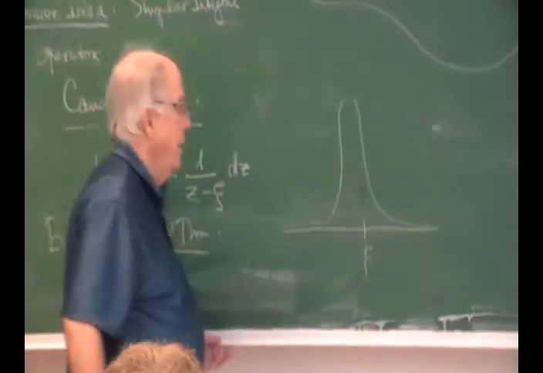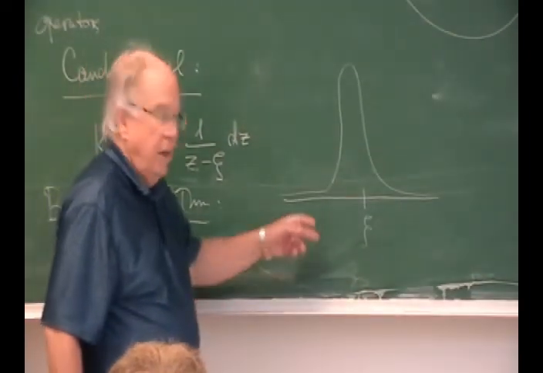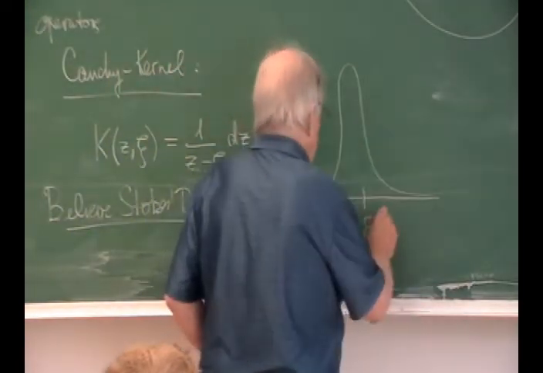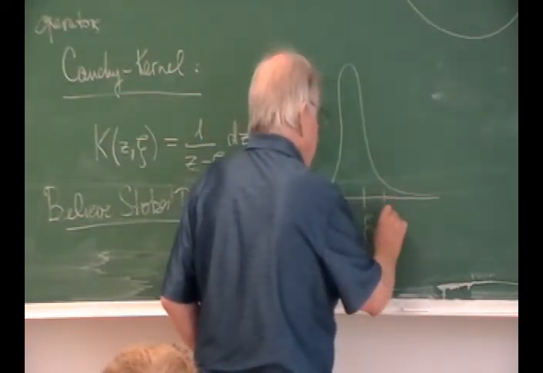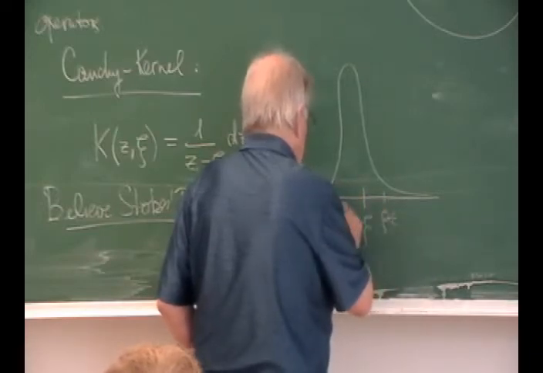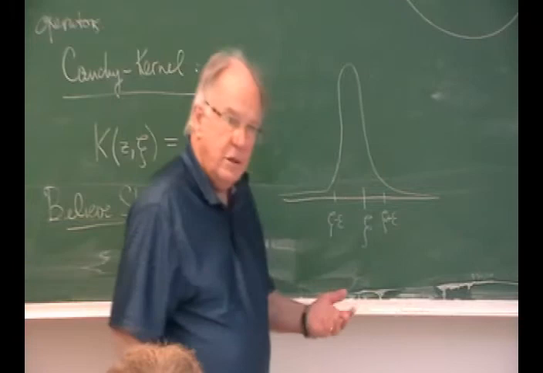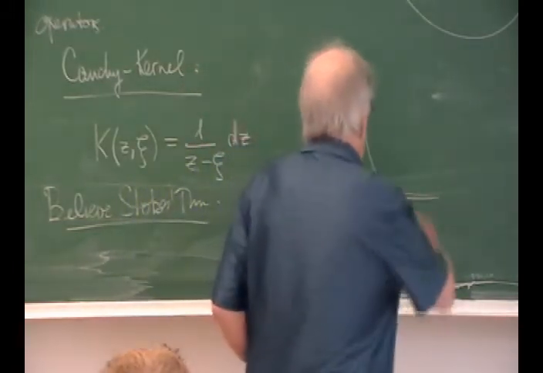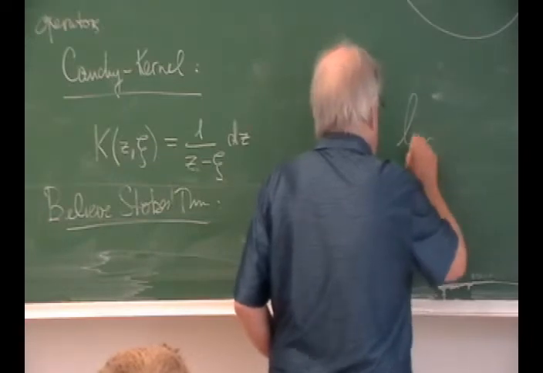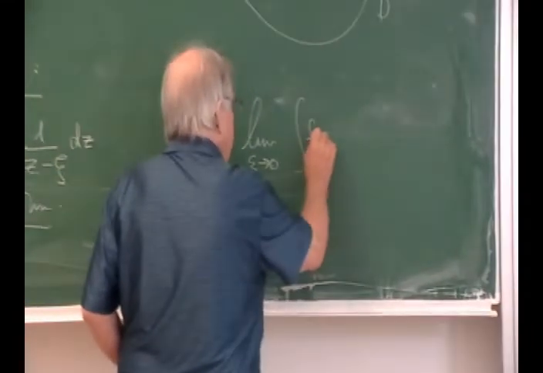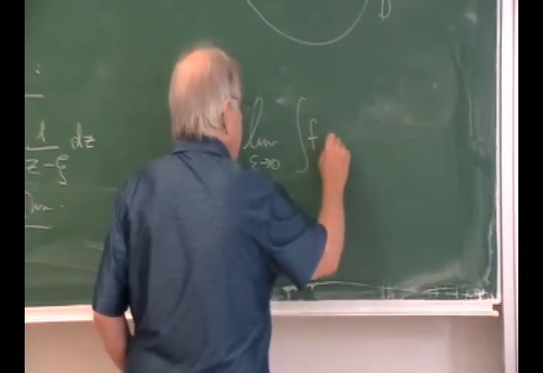This is a Gaussian with standard deviation epsilon. You take a Gaussian with standard deviation epsilon, and you take the limit as epsilon goes to 0 of the integral of a function against this Gaussian.